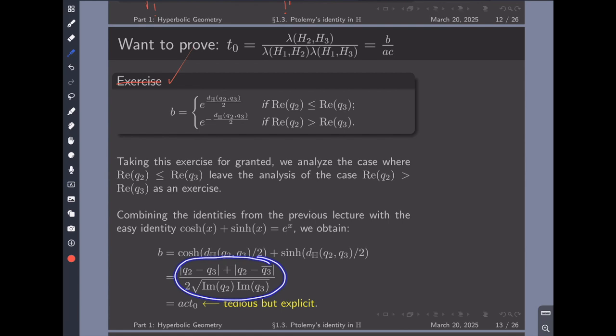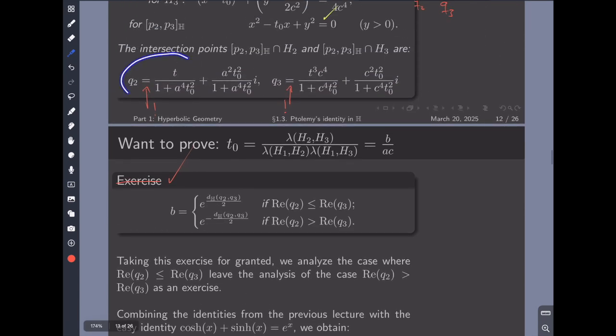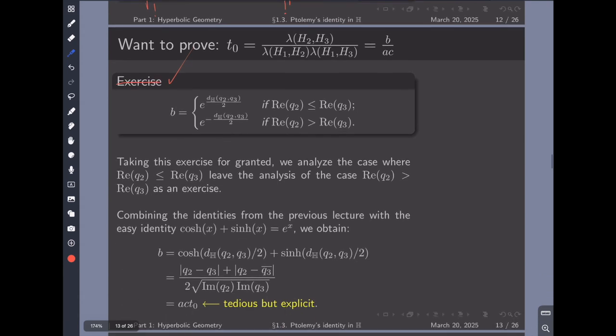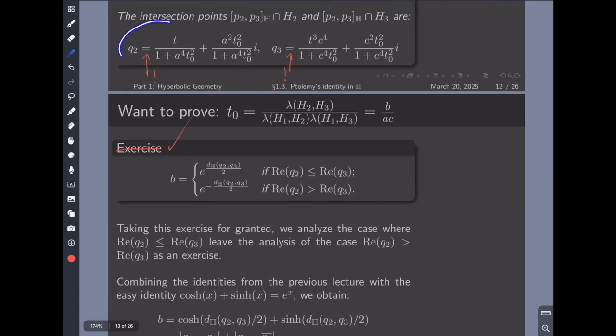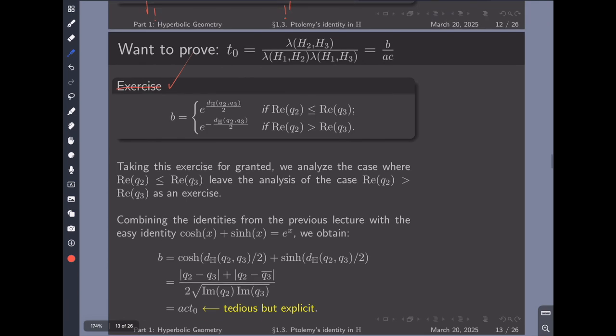How? Well, knowing an explicit computation of Q2 and Q3. So that's where I need this. Yeah, and then using that, one should arrive at AC T naught.